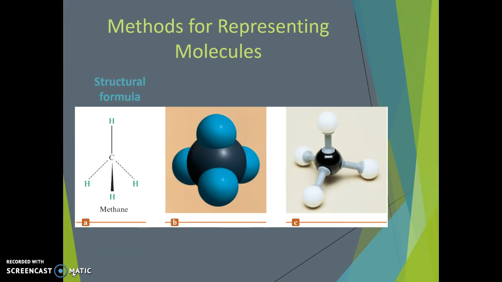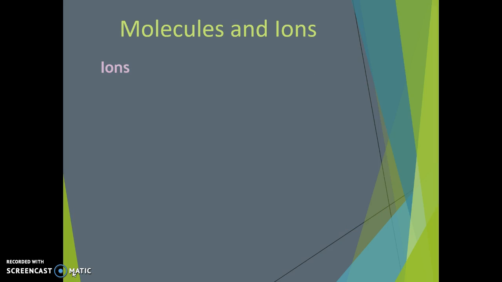Again, the structural formula just shows us how everything is bonded together, but not the shape. The space-filling model, which again shows us some information about size. We can see that the carbon atom in the center is quite a bit larger than the 4 hydrogen atoms. And then finally the ball and stick model, which gives us some information about the 3-dimensional shape of the molecule.